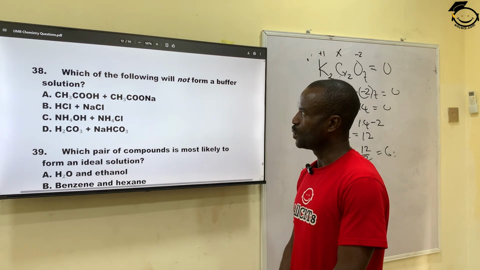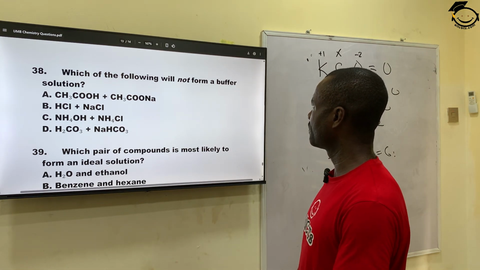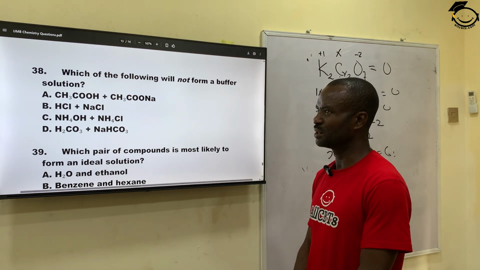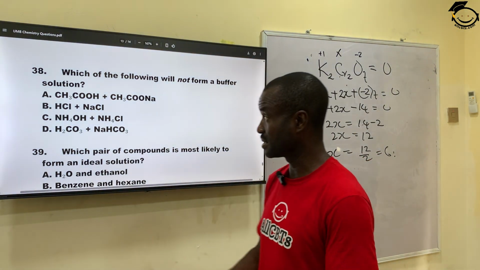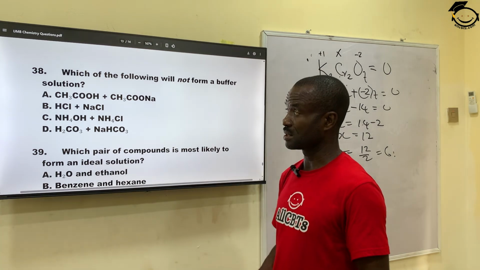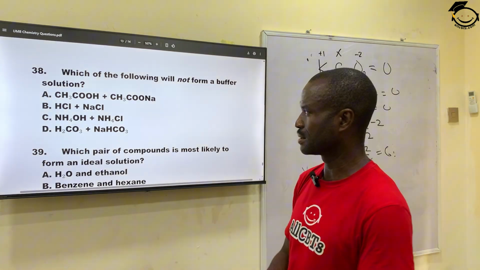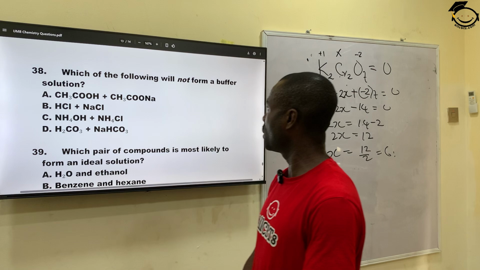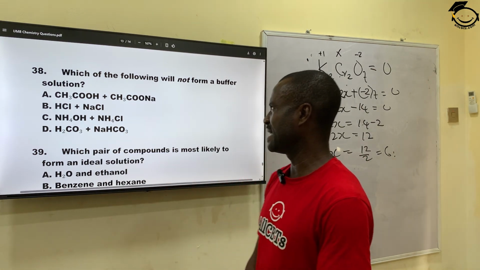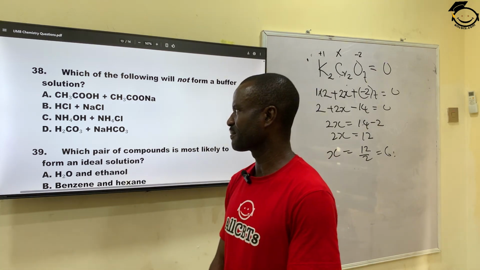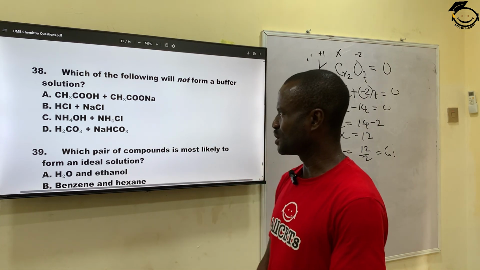38. Which of the following will not form a buffer solution? A buffer solution is a solution of a weak acid and its salt, or a weak base and its salt. A, ethanoic acid and sodium ethanoate. B, HCl and sodium chloride.